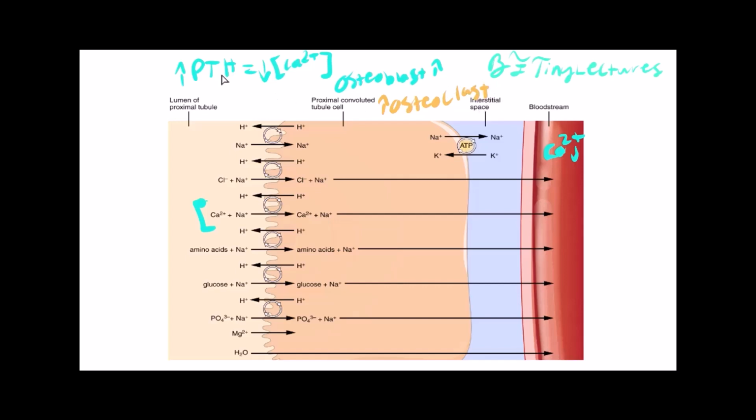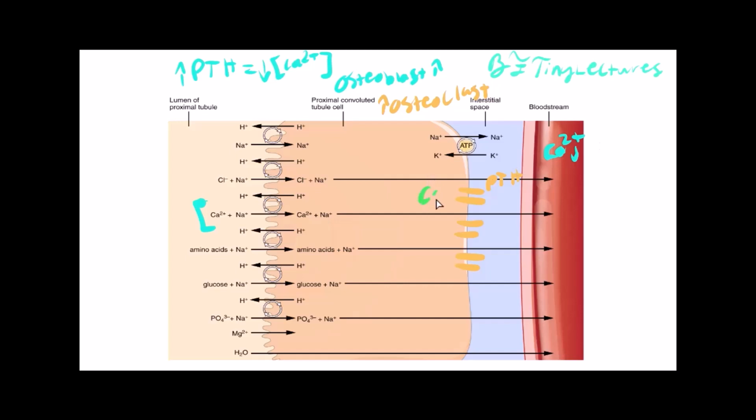When parathyroid hormone is activated, the calcium inside the lumen, inside the apical region, is going to be shot into the blood. How does this happen? Inside here are these little tunnels, these little channels, and these channels are opened when parathyroid hormone activates them. And now calcium, instead of going into the urine and being excreted, is going to say, hey, the body needs me.